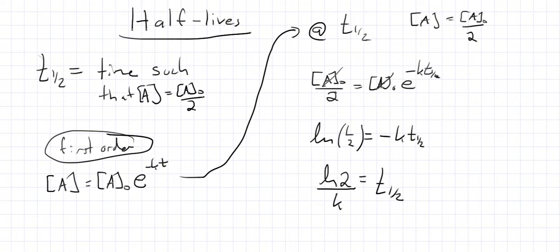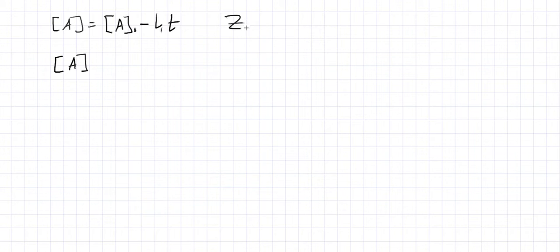It's not so simple for other orders of reaction. So for instance, if we had a 0th order reaction where we had A is equal to A0 minus kt. So in this case, when we write the equation, this is, remember, 0th order.